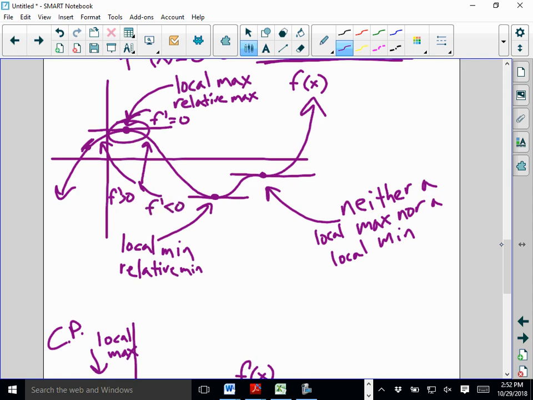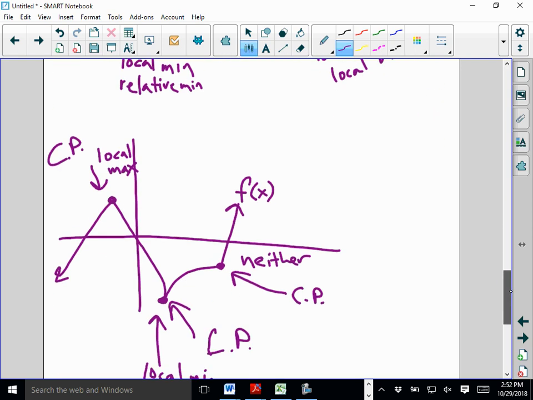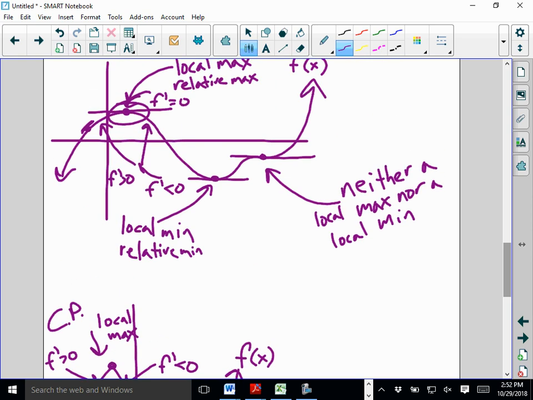Right? Is that true on our one where f prime is undefined? Yeah, again, over here, f prime is positive. Over here, f prime is negative. For a local min, it's going to be the reverse. On a local min, on the left side, f prime is negative, and on the right side of it, f prime is positive.